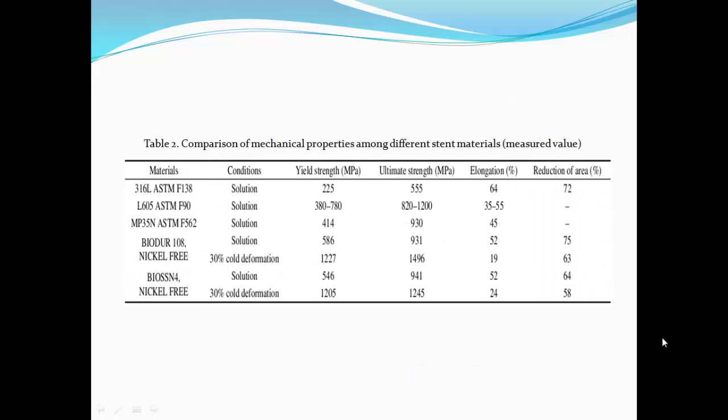The mechanical property of each material for stent is listed in table 2 here. Both yield strength and ultimate strength of the high nitrogen nickel-free stainless steel are much higher than the stent using 316L stainless steel. It's about 2 or 3 times higher in strength and at the same level of plasticity.